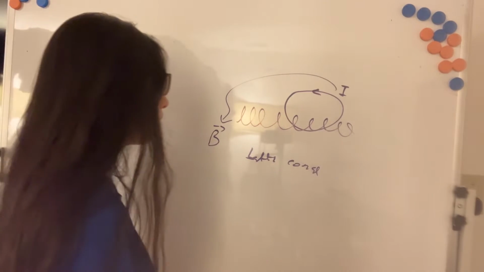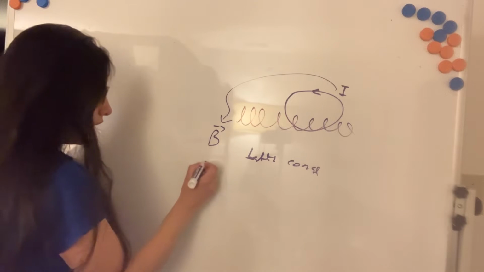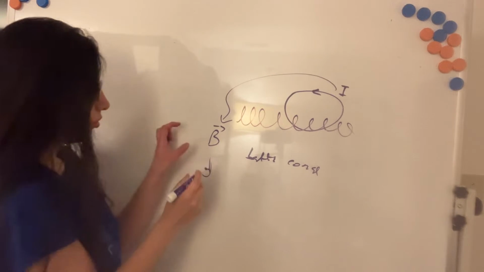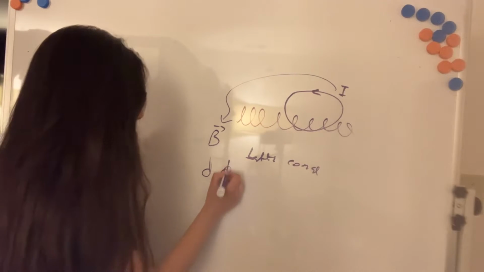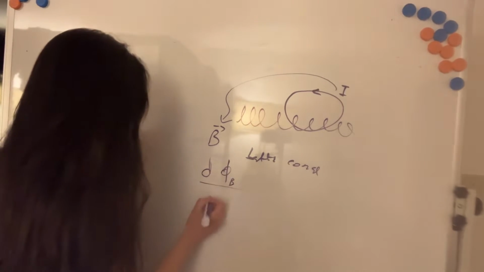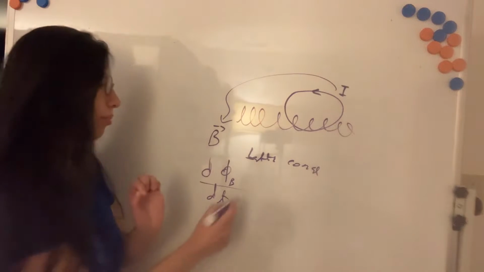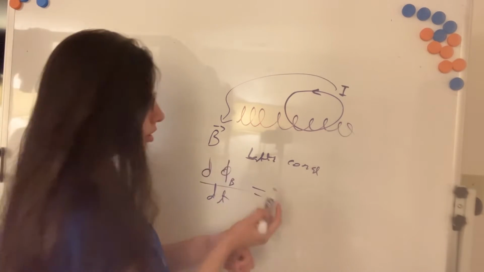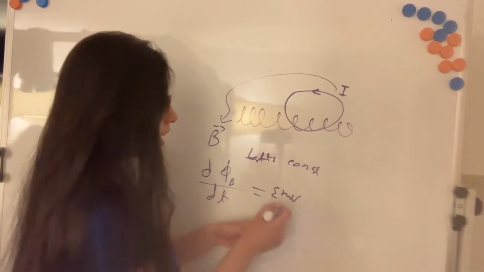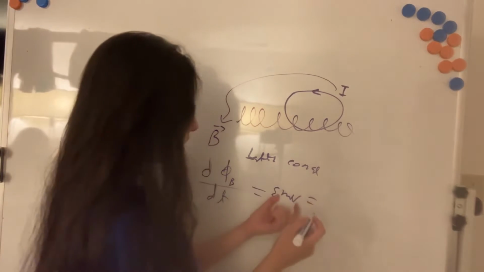And Faraday observed that not precisely the magnetic field, but the change in the magnetic flux, dΦ/dt, produces a voltage called the electromotive force. This is equal to the electromotive force.